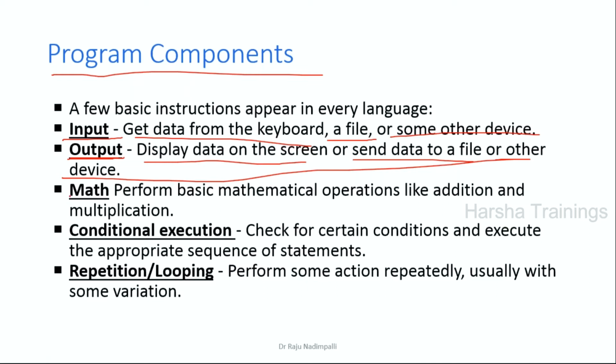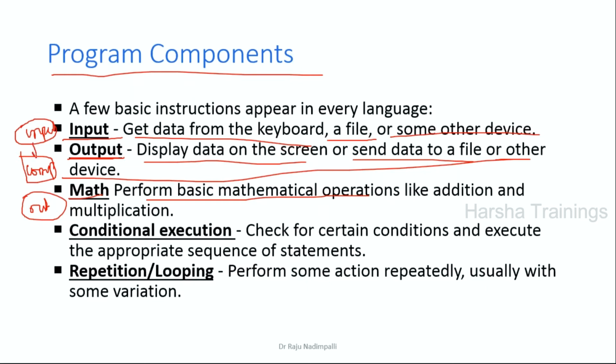Now, the third one is, okay, this is input and this is output. In between input and output, as a programmer, you should write some computations. For these computations, we will use some sort of mathematics. Perform basic mathematical operations such as mostly addition, subtraction, division, whatever operations I will use.